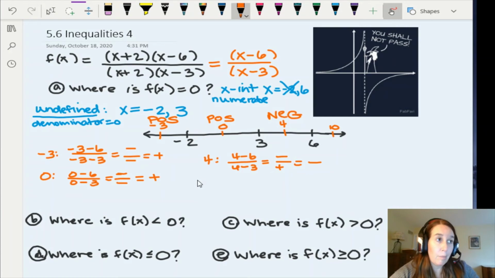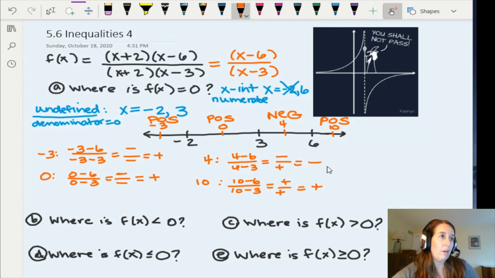Then I'm going to put in 10. That's 10 minus 6 over 10 minus 3, which is a positive divided by a positive, so that's a positive number. So this area is positive. In other words, I have a positive, a negative, and a positive.